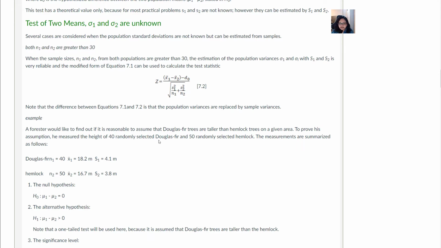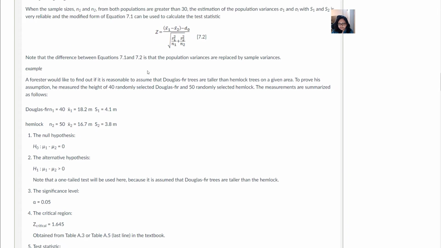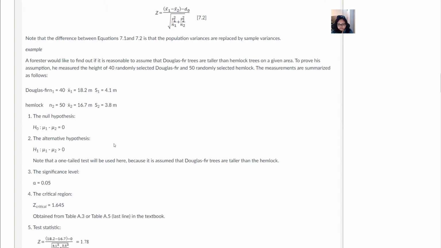Okay, this is really simple. All you need to do is use this test. If we don't have the sample standard deviation, then you have to calculate it. In some cases, in the assignments, the sample standard deviation is not given. That means you have to use the data set and calculate it.